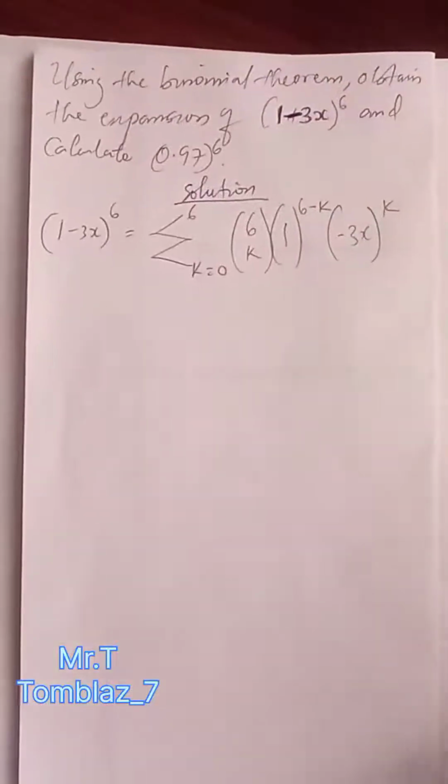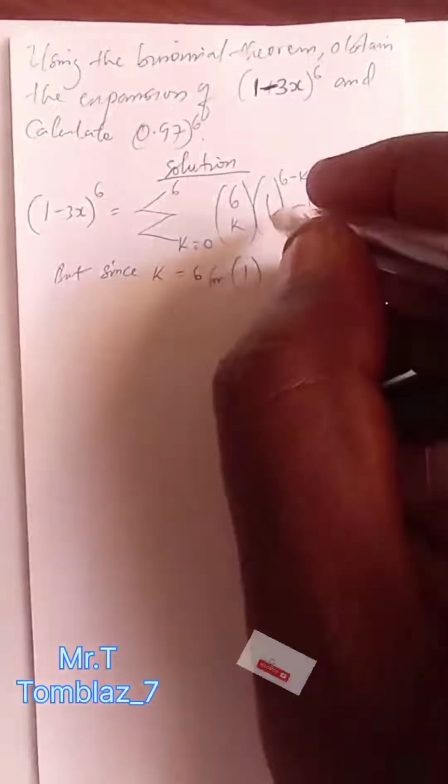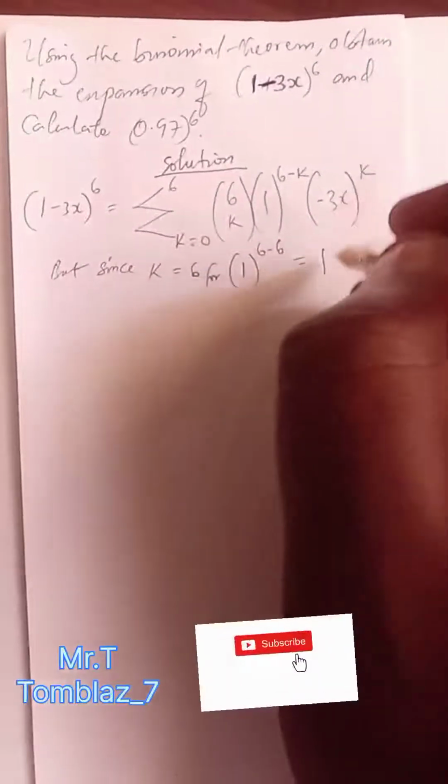I can write this, but since k can increase to 6, then for this value 6 minus 6 will be 1 raised to power 0, which is equal to 1.